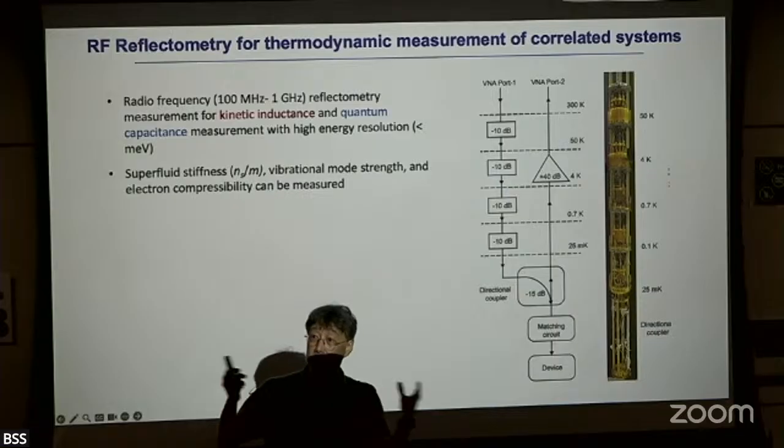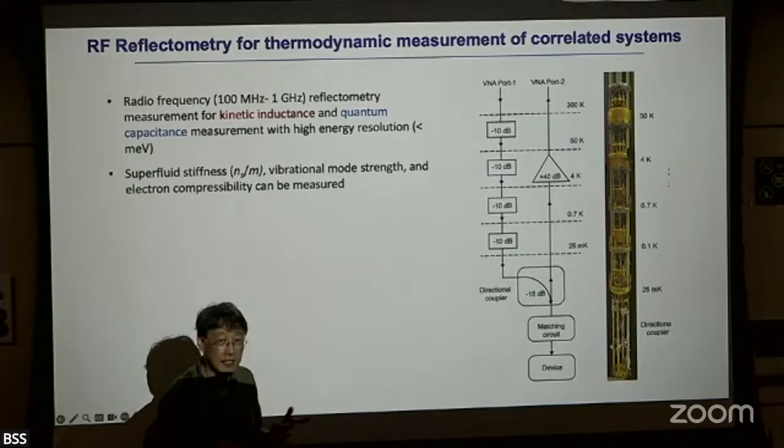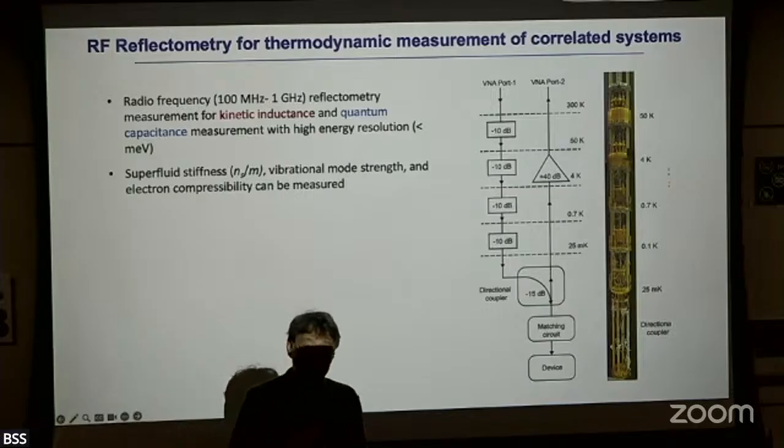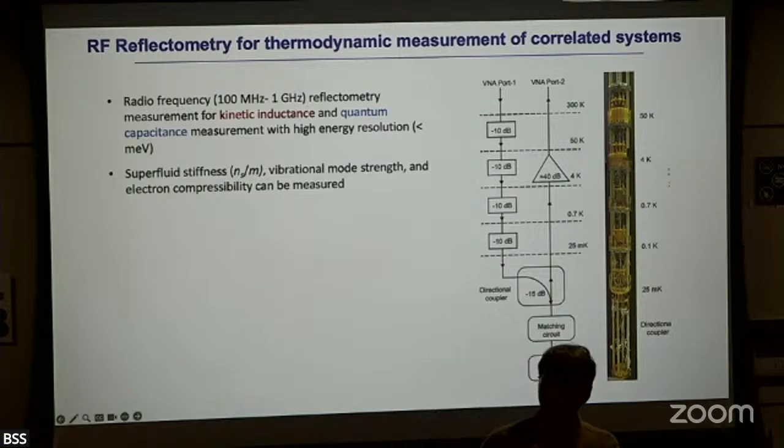All these give a stringent condition that I have to do the experiment at hundreds of megahertz at least.